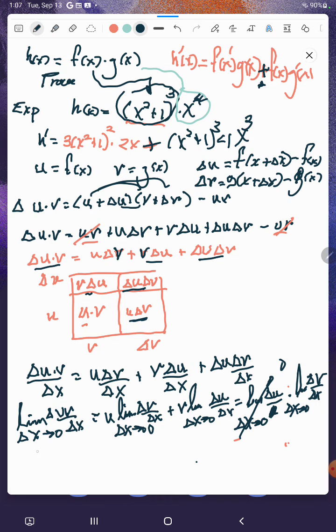So I can say that this means the derivative of u times v over dx. I changed it to dx because they're differentials now, since I took it out to the limit. So this is supposed to be a u and a v. Well, it's really what's up above here, so let me clean that up a little bit.